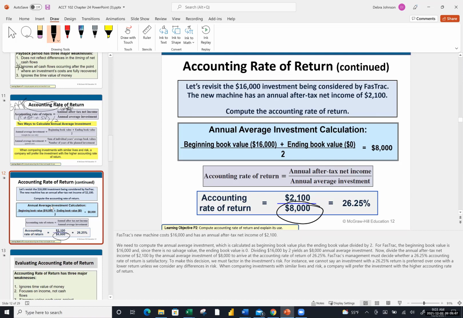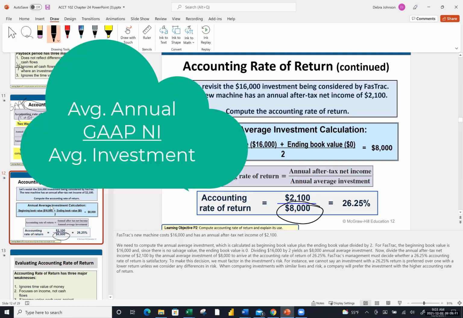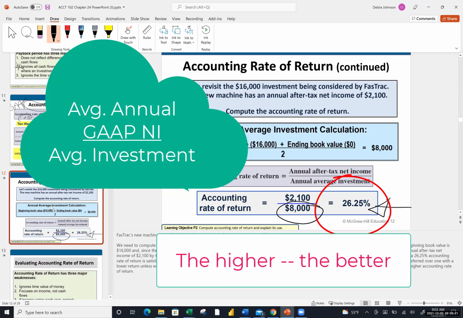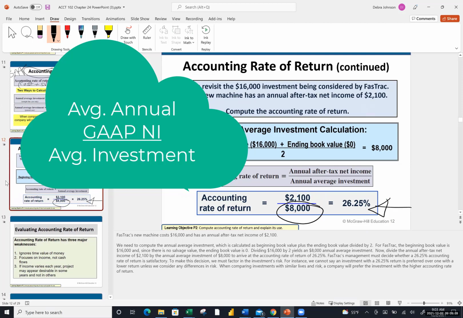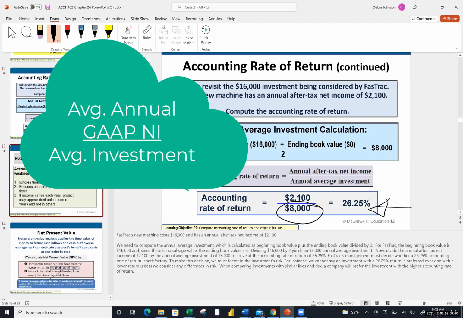So what goes on the top is the average annual GAAP net income. And what goes on the bottom is the cost. This one will result in a percentage. Like most percentage-based methods, the higher the rate of return, the better the investment is said to be. So that's what we're going to be focusing on today in our Excel exercises here.